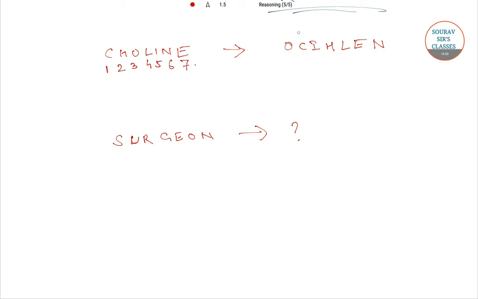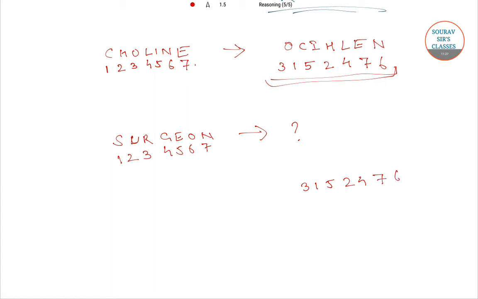And now accordingly name the coded word. So O is 3, C is 1, I is 5, H is 2, L is 4, E is 7, and N is 6. Now for surgeon, again denote them 1, 2, 3, 4, 5, 6, 7, and write this coded arrangement here 3, 1, 5, 2, 4, 7, 6.